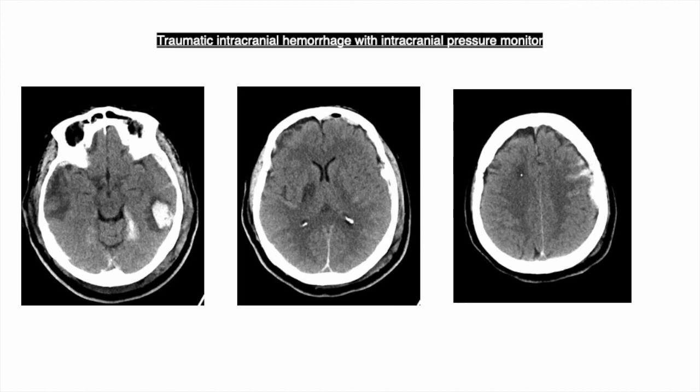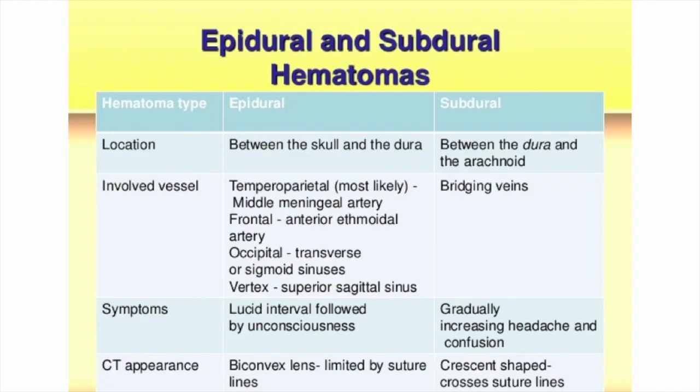And the more important one we always have to think of is epidural and subdural hematoma. We have to know the radiological difference between epidural and subdural hematoma. Why? Because subdural hematoma can kill the patient. If you don't know how to make the difference between epidural and subdural hematoma, maybe you are killing the patient yourself.